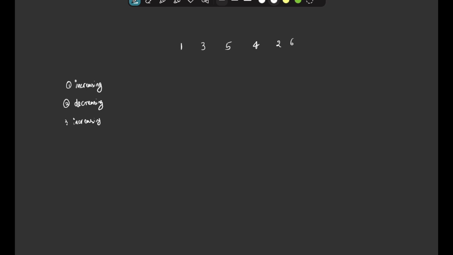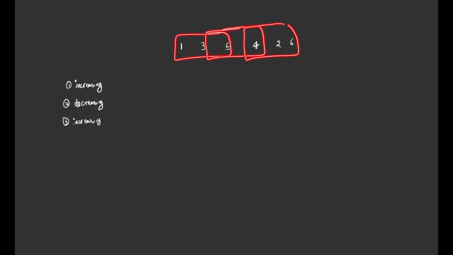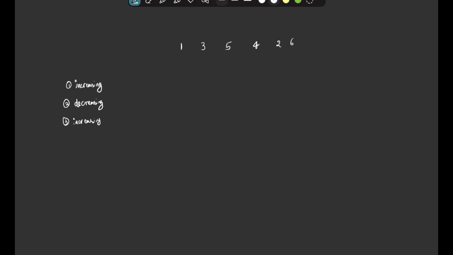This is the first one, this is the second one, this is the third one. So it means some part of the array should be increasing, next decreasing, next increasing. So you got the intuition that we'll take a pointer, but before that let's mark the indices 0 1 2 3 4 5.